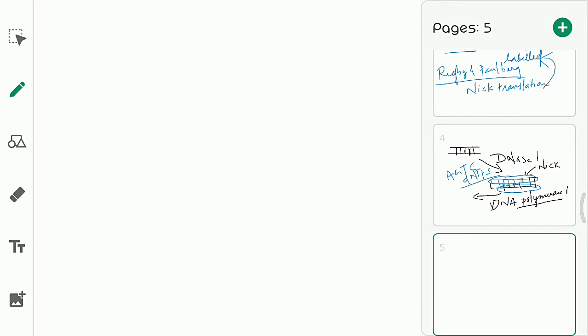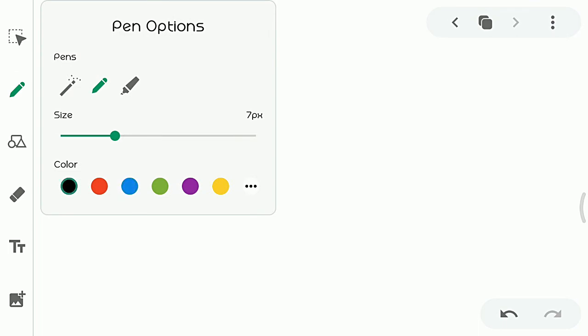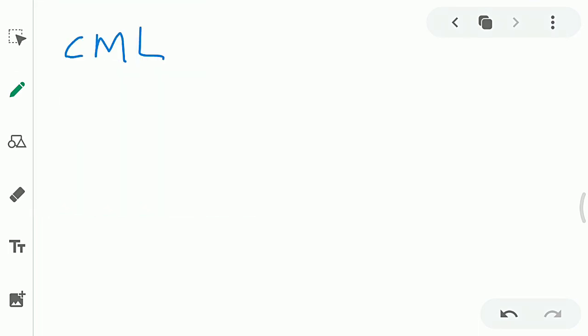अब हम देखते हैं कि FISH, अब इस लेबल्ड DNA से और प्रोब से हम एक जीन को यदि हाइब्रिडाइज करके देख रहे हैं, that is fluorescent in situ hybridization. We will take one example and study the application of FISH. There is a disease known as CML, chronic myelogenic leukemia.